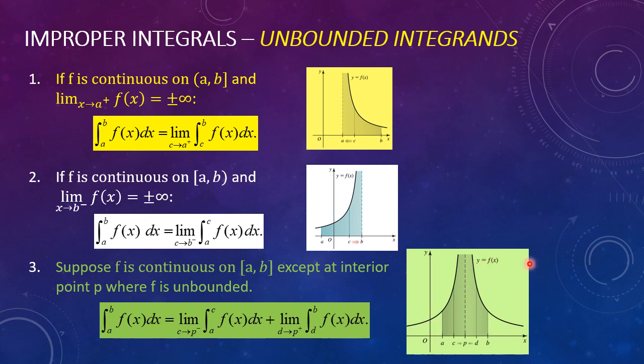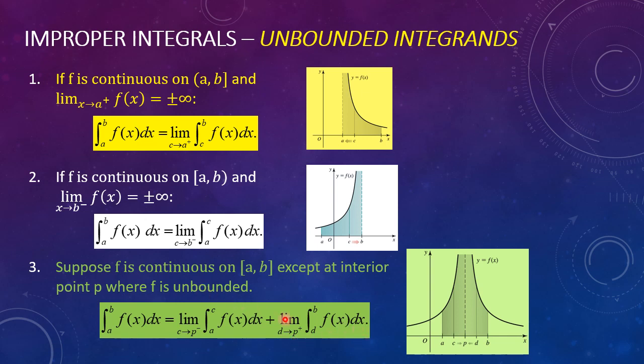And again, we're going to handle this in a similar way, where we're going to do the sum of two integrals: the integral from a to c, where c is approaching p from the negative direction, plus the integral from d to b, where d is approaching p from the positive direction, of f of x dx.